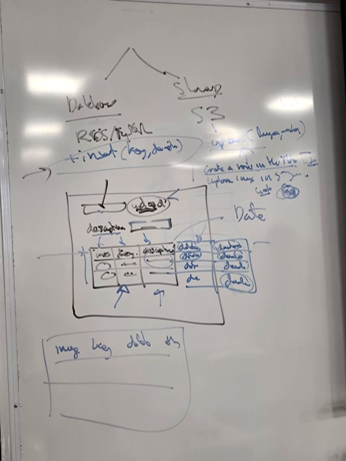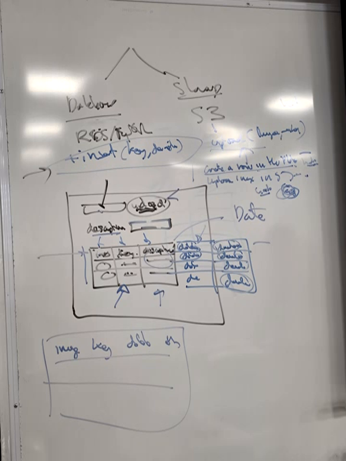So basically, with this one, you get a list with all the keys in your bucket, right? And I believe you use this one to create the old image key and then the bottom.